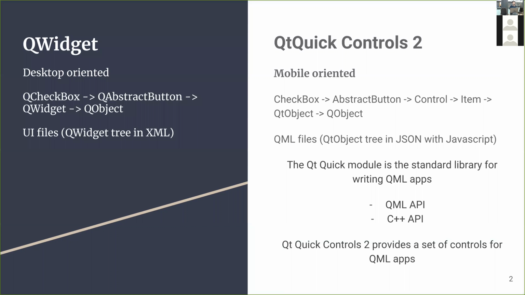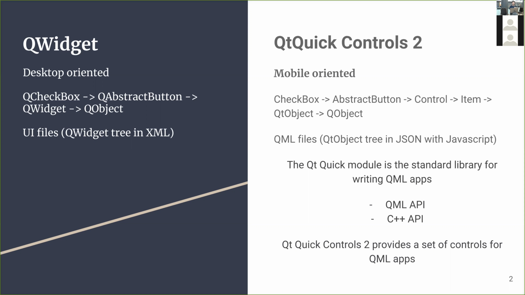Well, in this example, we took Qt checkbox, which is based on QObject, and you can see all the hierarchy there. Basically, it's an XML file, and well, I guess most of you have been working already with those components. But on the right side, we got a really similar Qt Quick component, checkbox QML. And of course, it has a different hierarchy because it's a Qt Quick library component.